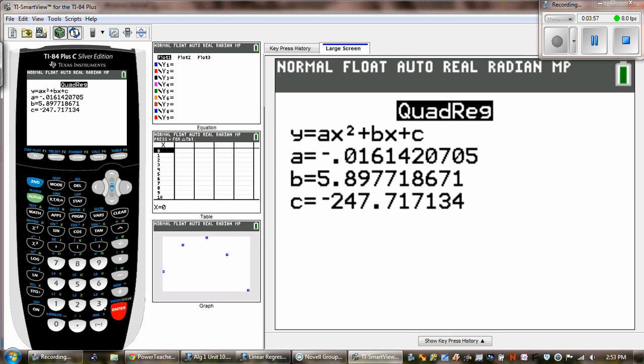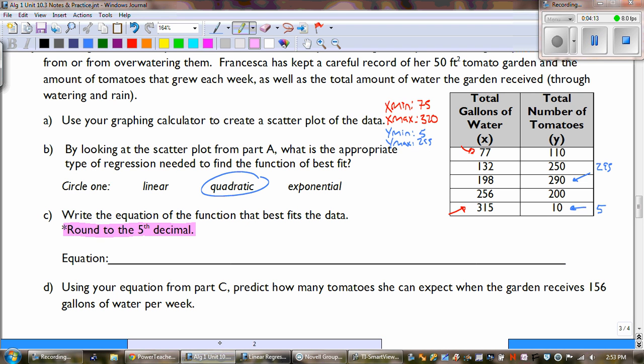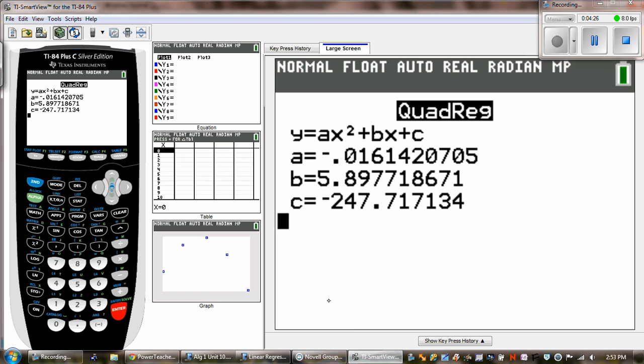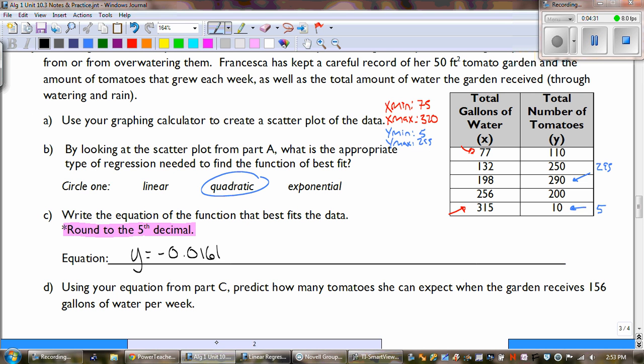Now, it's giving us 3 numbers, there are 3 variables, a, b, and c, because the quadratic formula is y equals ax squared plus bx plus c. Okay, and it tells us to round to the 5th decimal. All right, so our equation, y equals, it's negative 0.0161, and I'm going to look to see, the 2 tells me to stay the same, so it's a 4. x squared.